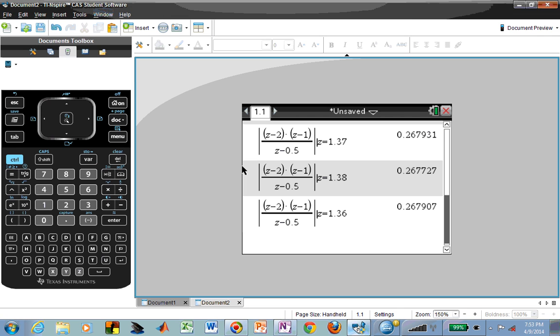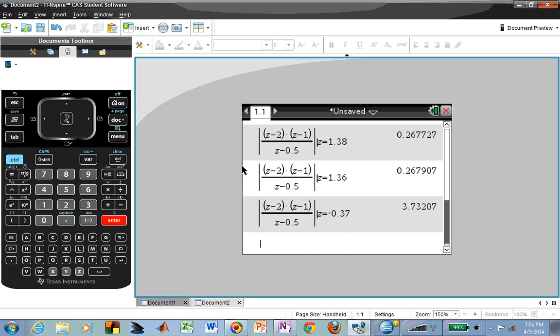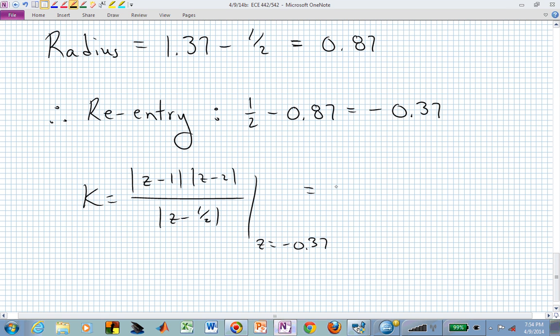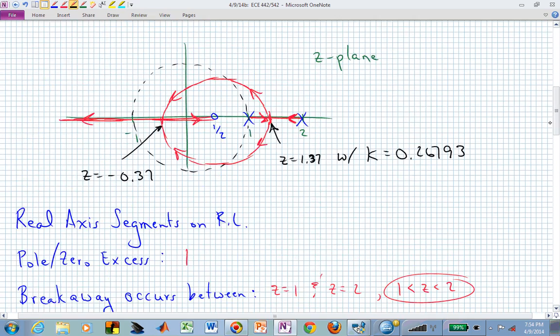We've got the calculator there, so let's use that. We want to find the gain at minus 0.37, and we find that we have a gain of 3.732 when we re-enter the real line.